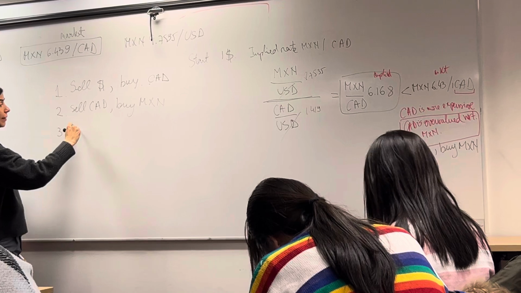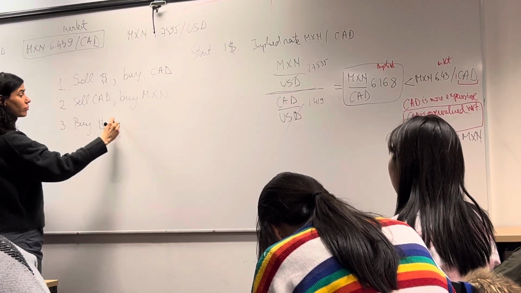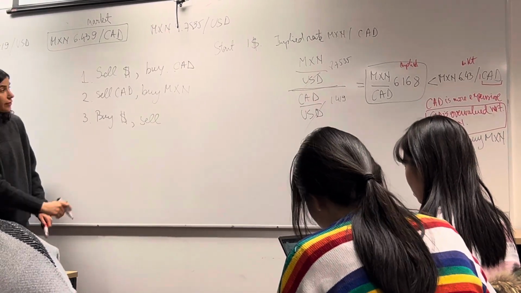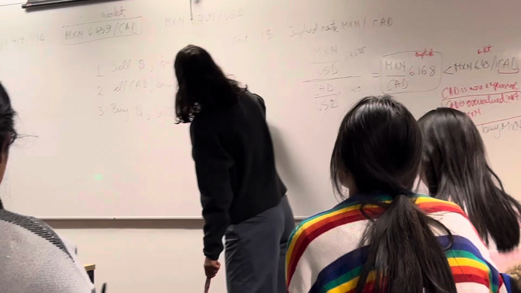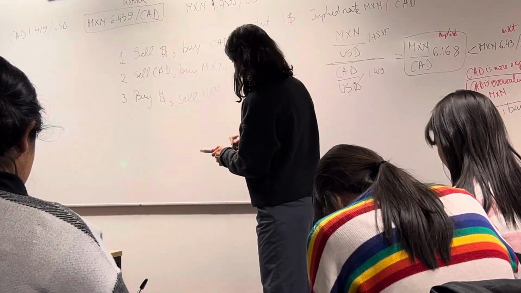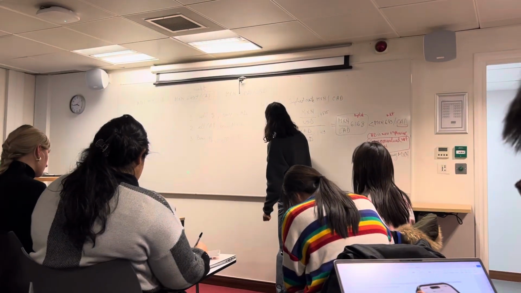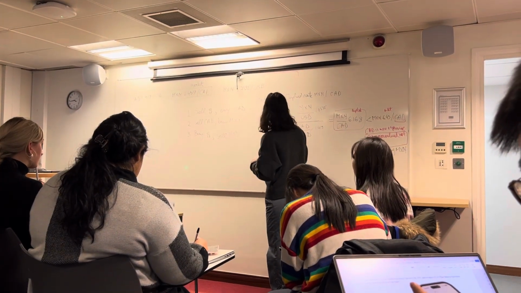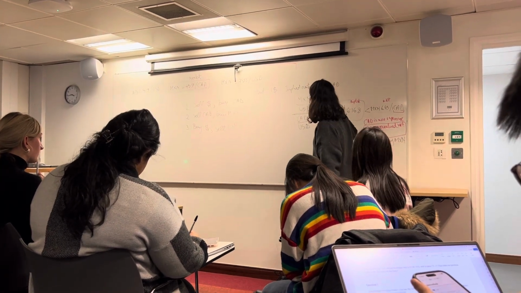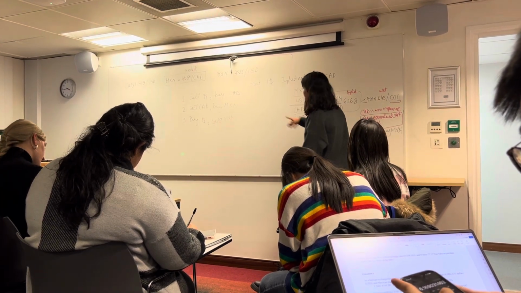So you will buy back your original. So you buy the dollar, and what are we selling? Yes, very good. So we sell whatever we were left with from step 2, Mexican. And this is it. Obviously, you can do it more quickly with arrows, and you do this just eyeballing it. But in the exam, you should write every step because it is important to pick up marks at every step.